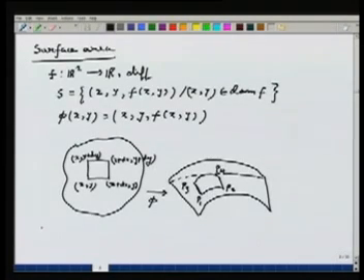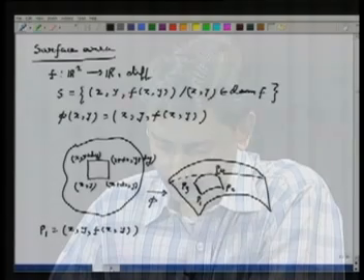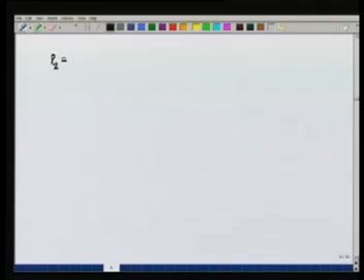So what is P1? P1 is nothing but (x, y, f(x, y)). Then what is P2? P2 is (x plus dx, y, f(x plus dx, y)).